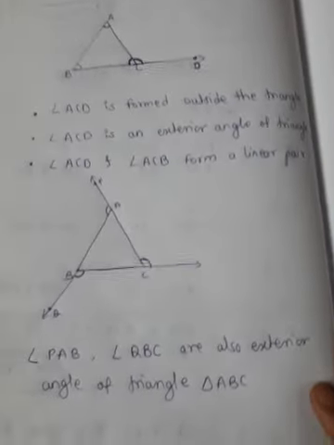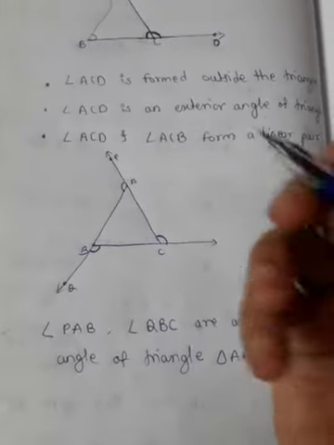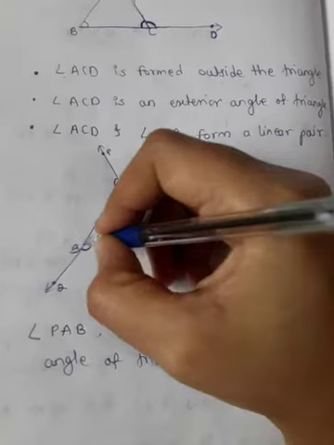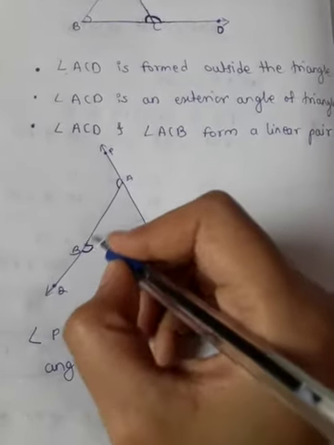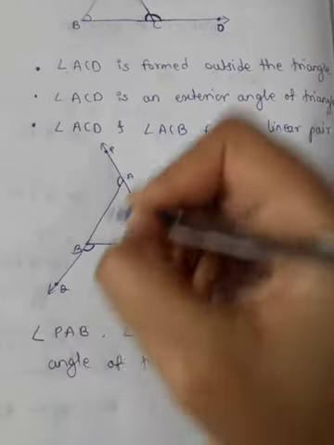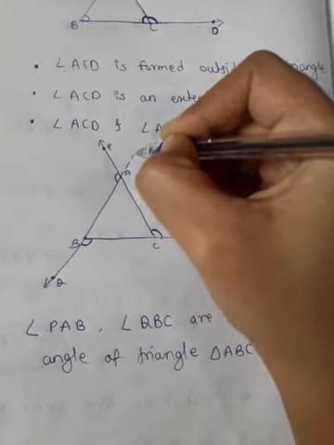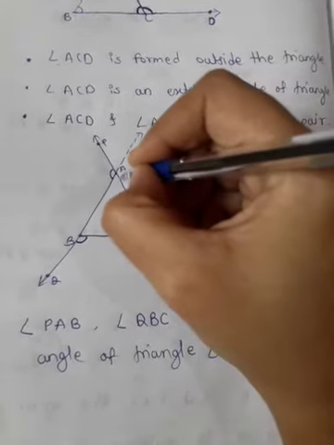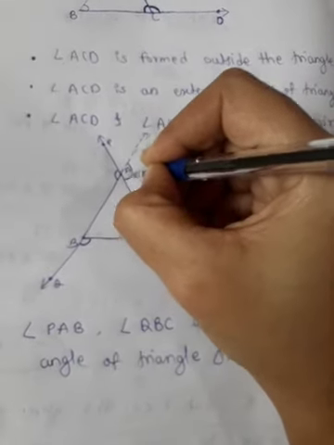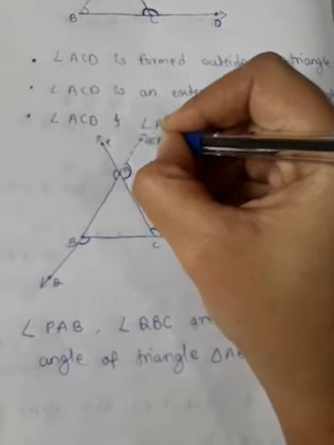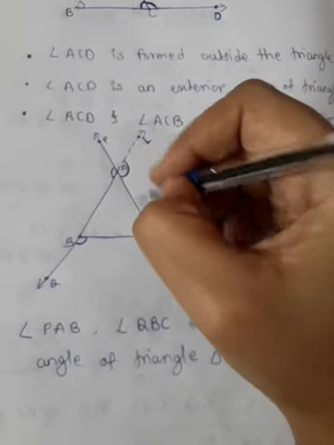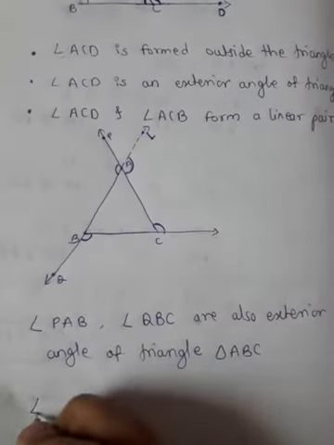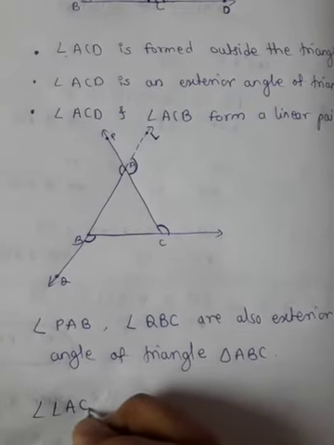You can extend other sides too. If we extend AB in this direction and name the point L, we get one more angle, angle LAC.